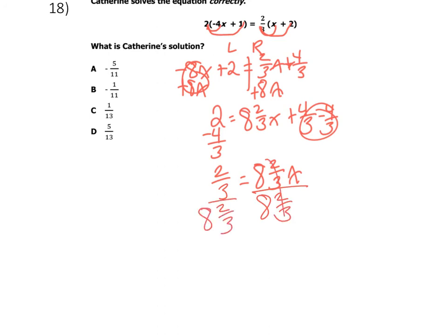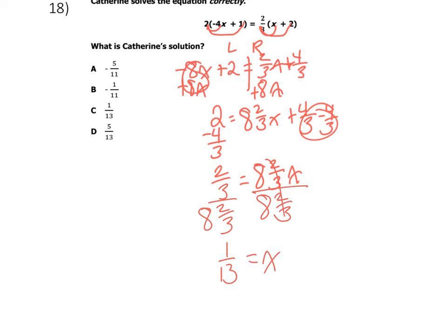In your calculator, you can put 2 divided by 3 divided by, open parentheses, 8 and 2/3, close parentheses, and you get a really long decimal, but then you can hit second PRB, and you get 1/13 equals x.